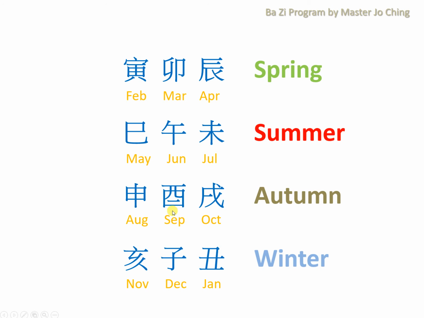This is monkey, 酉 is rooster, followed by the dog. Then we have the pig, the rat, and the ox. So recap again. How many wood elements? 2. Wood, wood, then earth. That's how each season ends with an earth element. Then we have fire, fire, earth, metal, metal, earth, water, water, earth. All right.